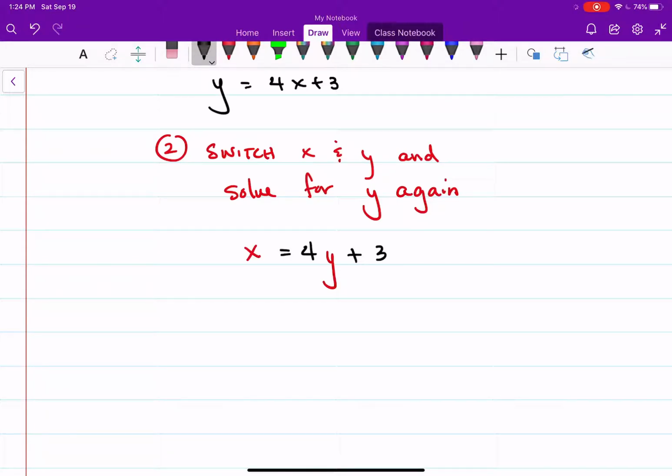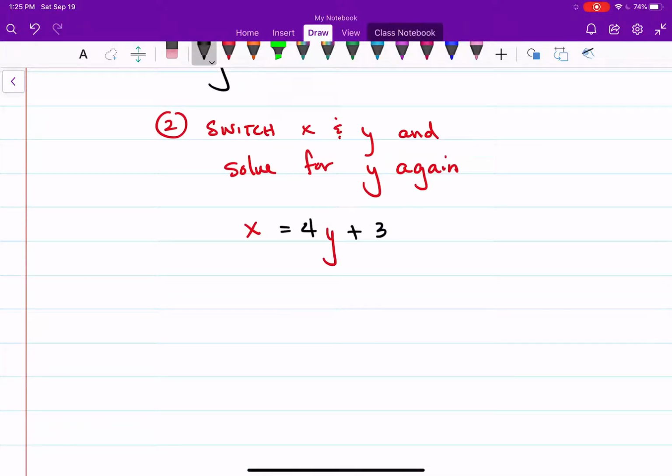So I got to get y by itself. So what do I need to do? I need to subtract the 3 from both sides. So I'm going to have an x minus 3 is equal to 4y. And I got to divide everything by 4. So now I have y is equal to 1/4 x minus 3/4. Okay?